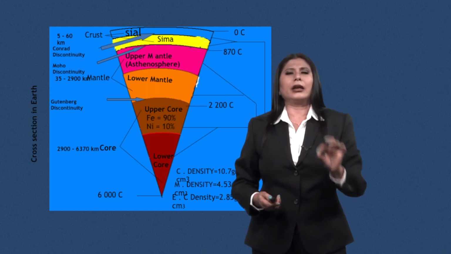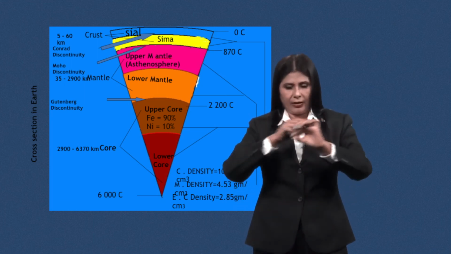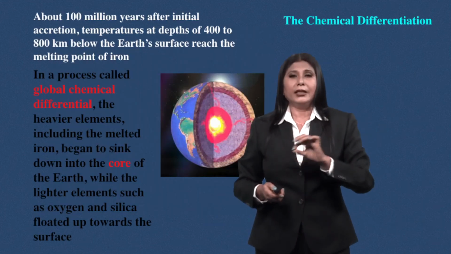We have the core. Core is totally iron, outer core liquid, inner core solid. Each layer is separated by a discontinuity.